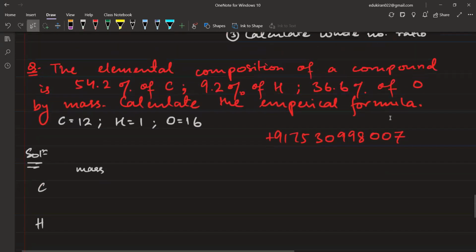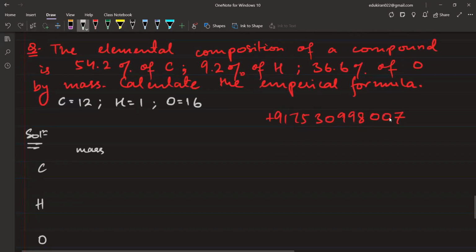What are the masses? 54.2. Sir, is it possible that Learnivio can send me your number because I'm unable to add you? No. Do you have a chat in which you can chat with yourself? Do you have some chat like that? Arisha, I'm talking to you.